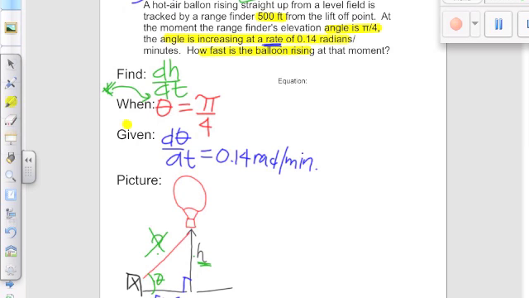So for my equation, I know the tangent of theta is equal to the opposite, which for here is right here, our h, over our adjacent, which is the adjacent section, which is 500. And now I have an equation that I can use. Go ahead and copy this down. I'm going to start a new page so that we can actually start step 4.